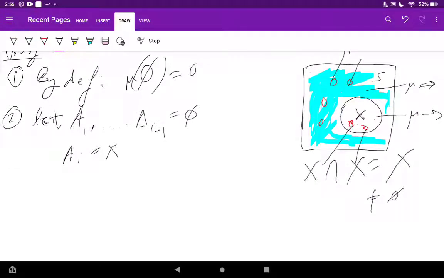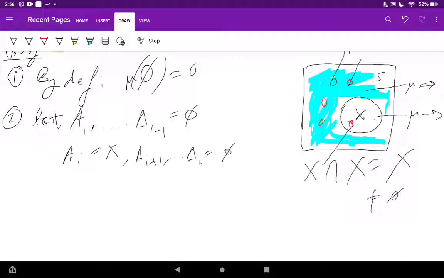So now A_i, let's say 1 point. Now I'm going to delete these things here. Now let's say if A_i is equal to X, now let's define the other values. A_{i+1} to A_n is equal to the empty set.